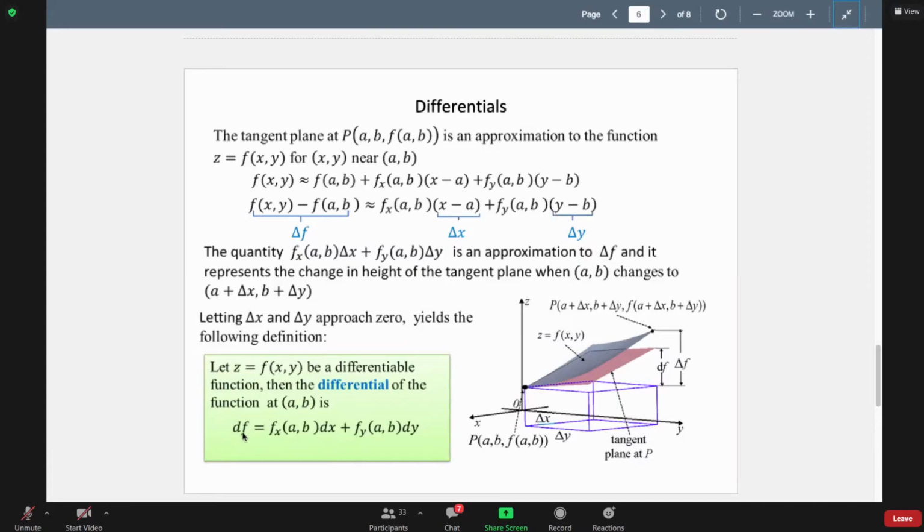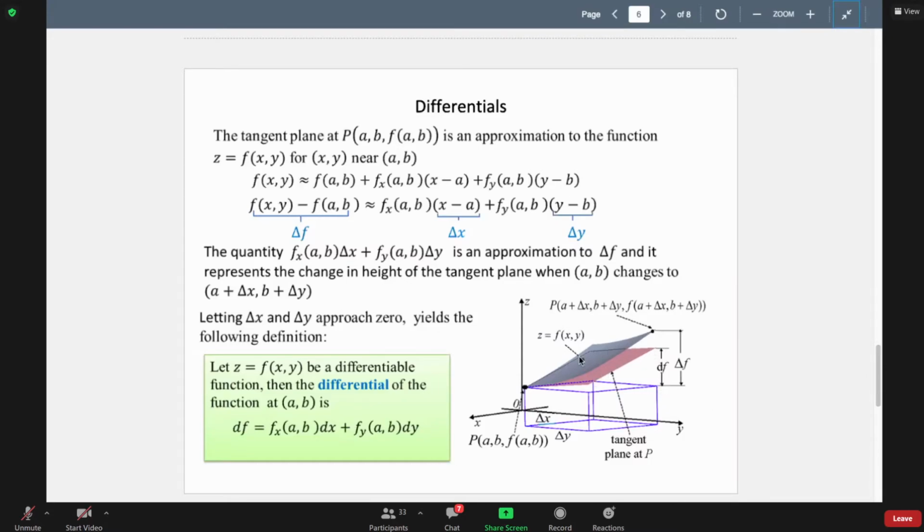So the differential df is fx(a, b) dx, this infinitesimal quantity which goes to 0, plus fy at the point (a, b) dy. That's the geometric interpretation: df approximates delta f as dx and dy are small. And here is the picture.